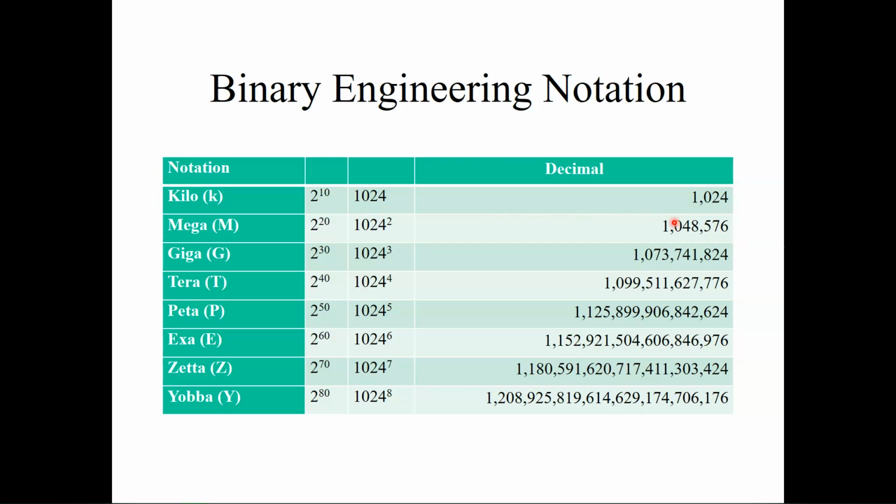So you get 1024. Then you have mega, giga, tera, peta, exa, zeta, and yota. And each one, you're just looking at these exponents and trying to calculate it out. If that makes any sense.